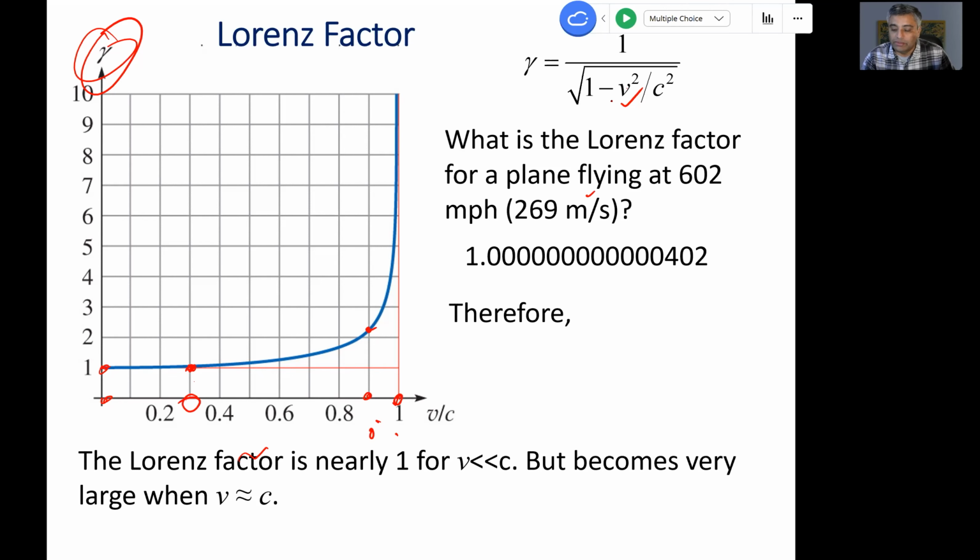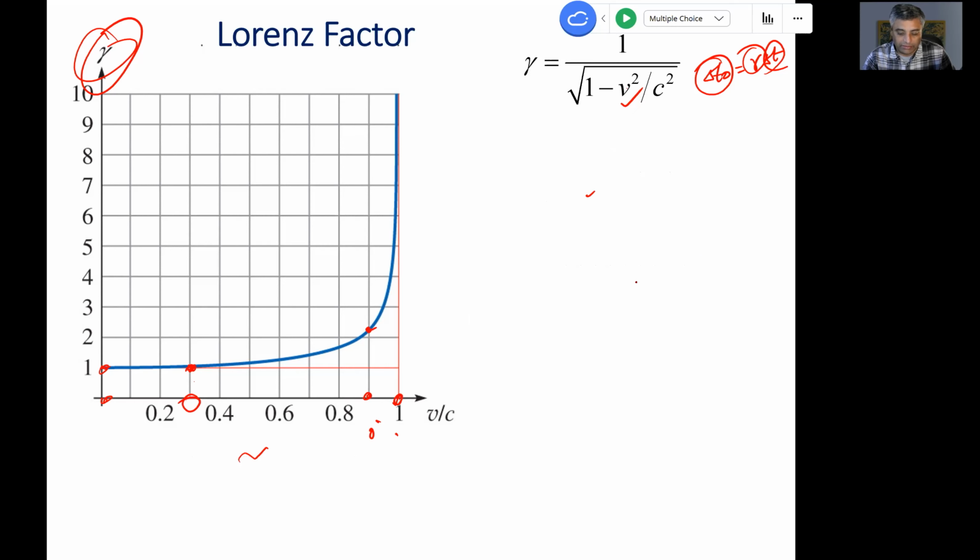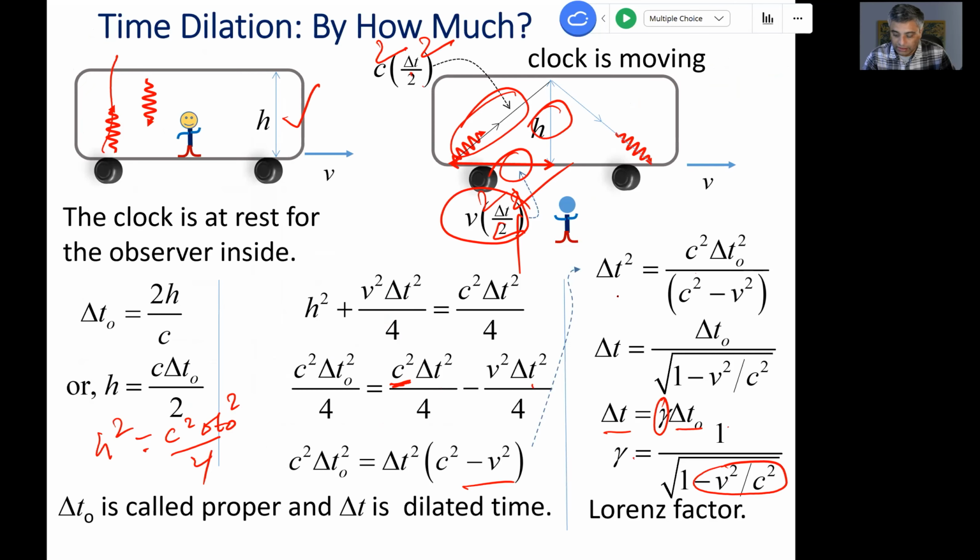So now let's suppose, to see how the time changes, since the proper time and dilated time are directly related through this one here, gamma was relating this delta t and delta t0. Did I write that correctly? I tend to forget that, okay?